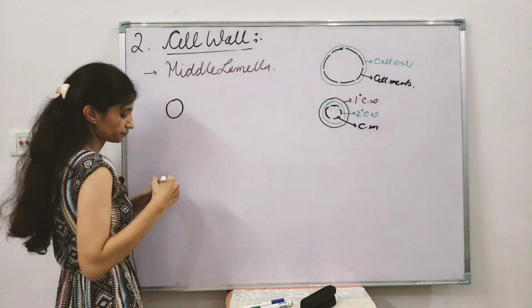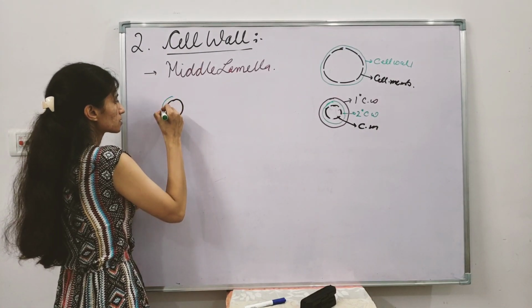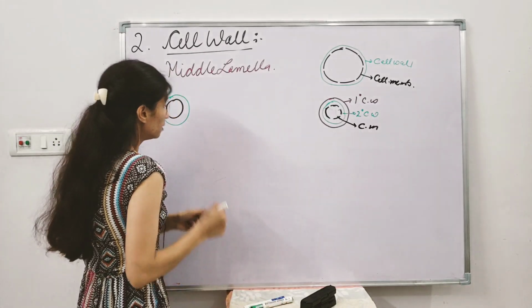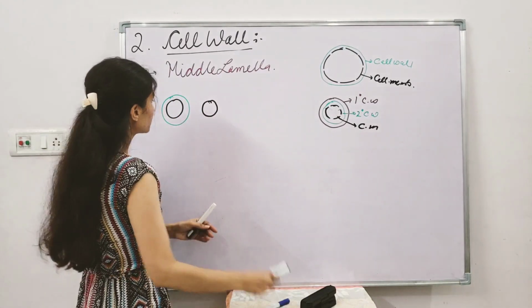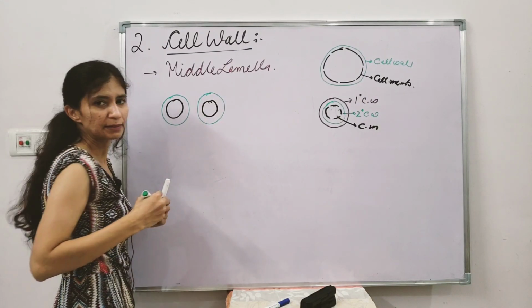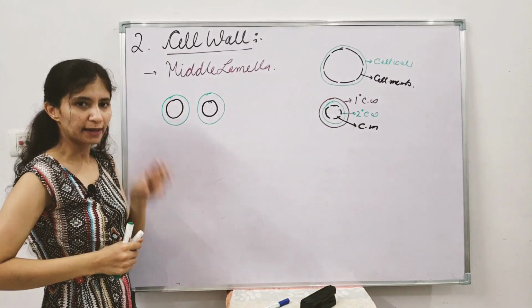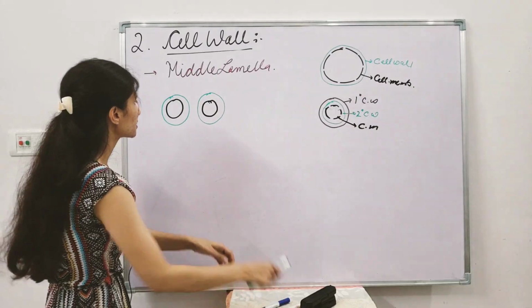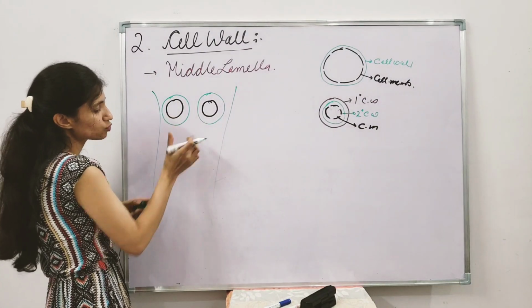This is your cell wall and this is the cell membrane of one cell. This is one more cell, and this is another cell membrane. So these are two cells of the same organism, suppose of the same plant. This is one cell and this is another cell. Suppose it's a plant, and it has these two cells.